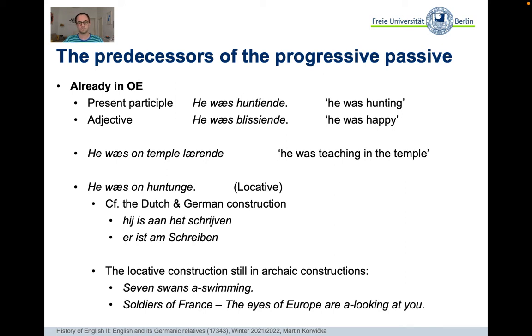A similar locative construction, very archaic, is also still possible in present-day English, but as I said, it's really archaic, and it's only in very fossilized contexts to be found, right? So for example, a Christmas carol, the 12 Days of Christmas, there are these swimming constructions, and this is basically a reduced form of the old locative preposition. Okay.